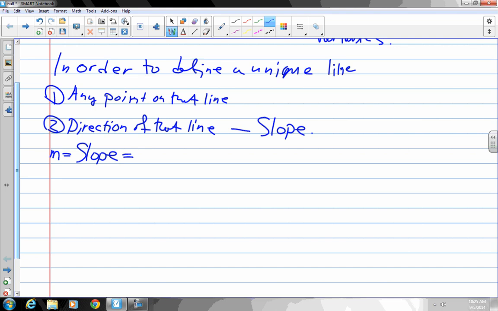Rise over run. So the slope basically describes by how much the elevation changes with respect to a horizontal shift, right? It tells us the vertical change with respect to the horizontal shift. So in other ways to call it, it's change in y over change in x.